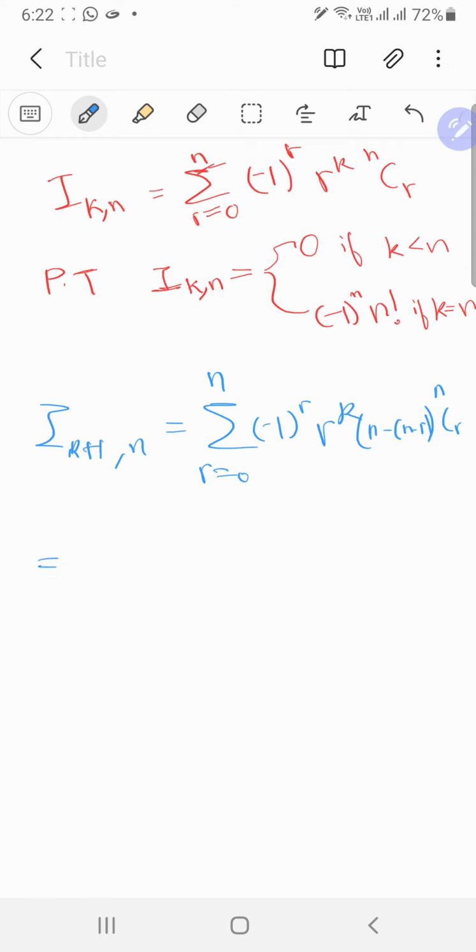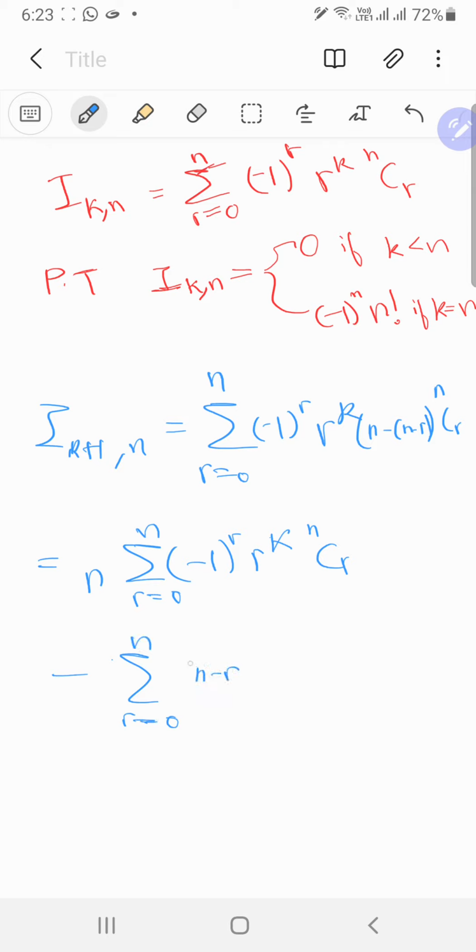Okay, so this thing can be written as n times the summation from r equals 0 to n of negative 1 power r, r power k, nCr, and minus the summation from r equals 0 to n. It's supposed to be n minus r, I think. All right, n minus r, then negative 1 power r, r power k, and nCr. All right. So now what?